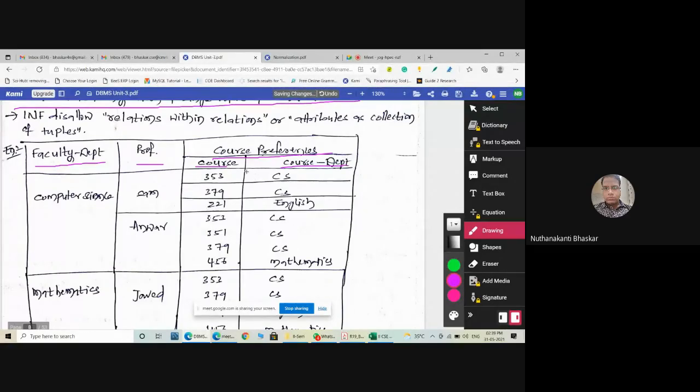Which type of attribute is it? A derived attribute, yes or no? Course preferences is derived from course and course department.